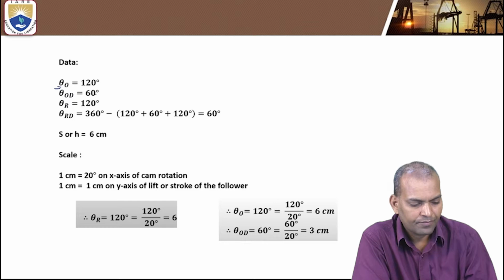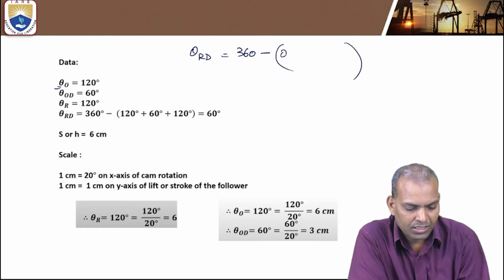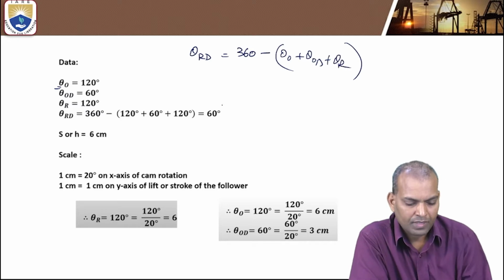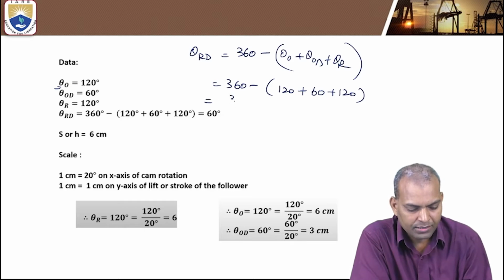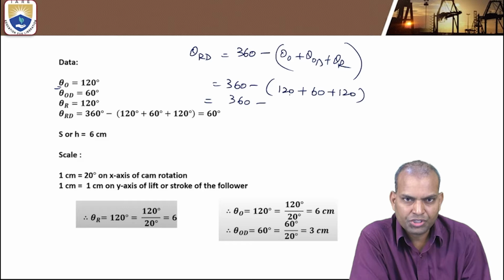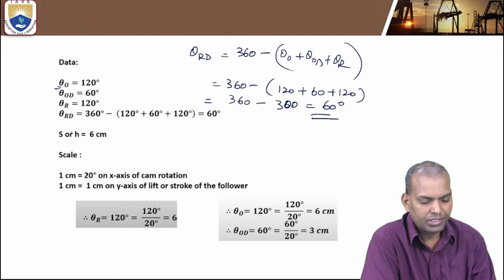So the remaining dwell, theta RD, equals 360 degrees minus (theta O plus theta OD plus theta return), that is 360 minus (120 plus 60 plus 120). 120 plus 60 is 180, 180 plus 120 is 300 degrees, so 60 degrees remains. The remaining dwell is 60 degrees.